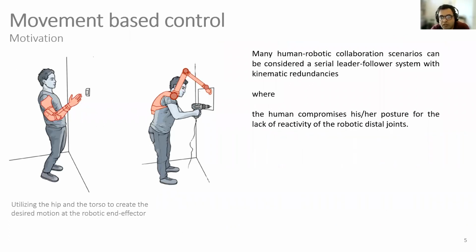Because if the device is not reactive enough, given the redundancy of the human body, all these joints that we have, for example the hip, will try to perform the task anyway. So one idea is to look at the body movements of the user, figure out what the human is trying to do, and help the human with the task.